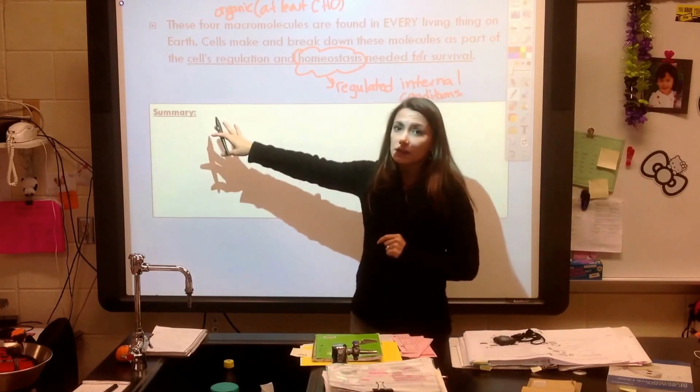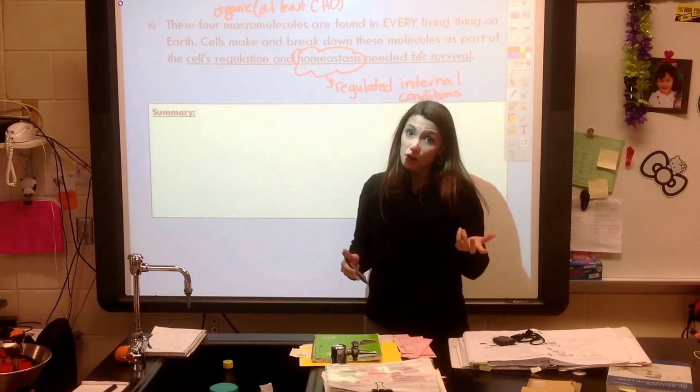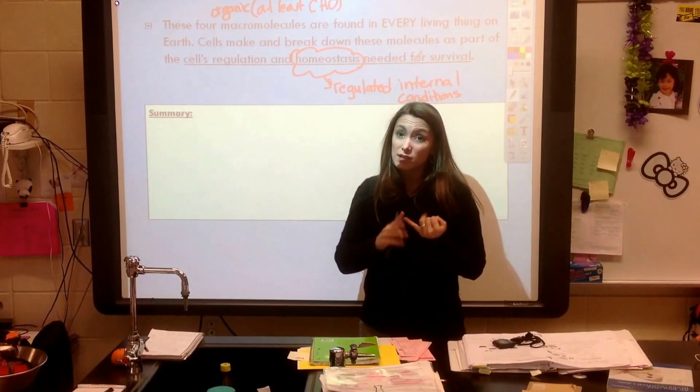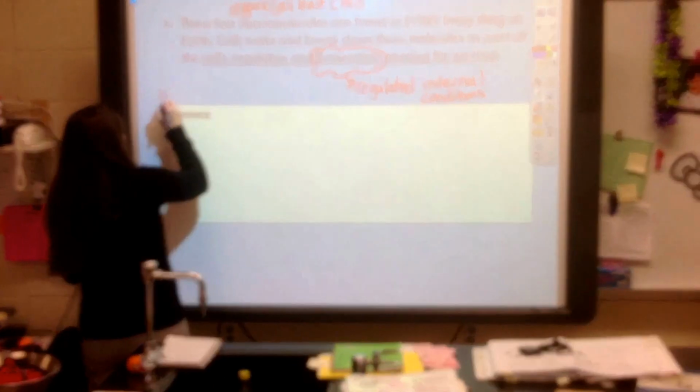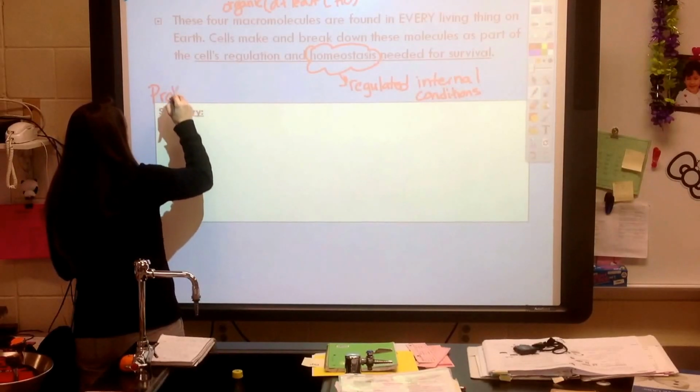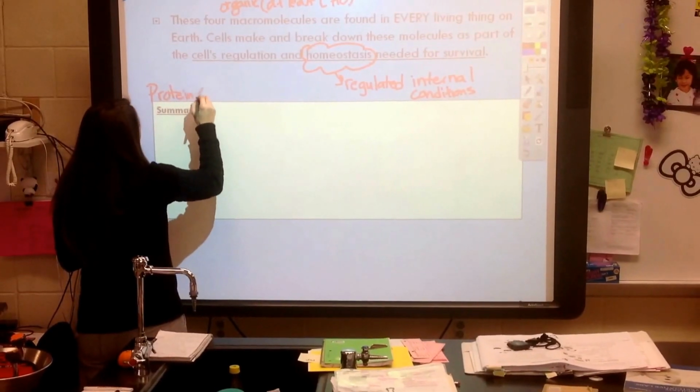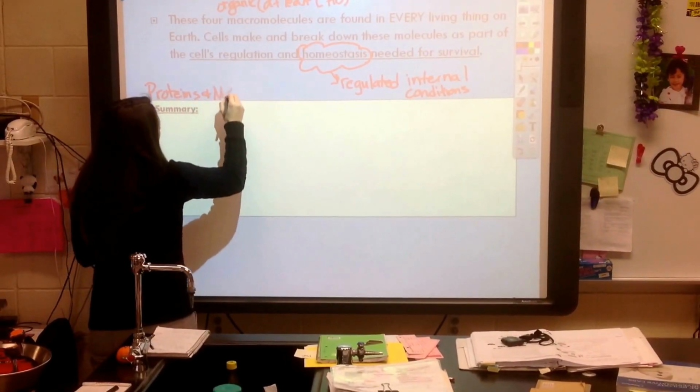Here we are at the summary box. Now you should have already done a summary box for carbs and lipids. So this summary box needs to be specifically about proteins and nucleic acids.